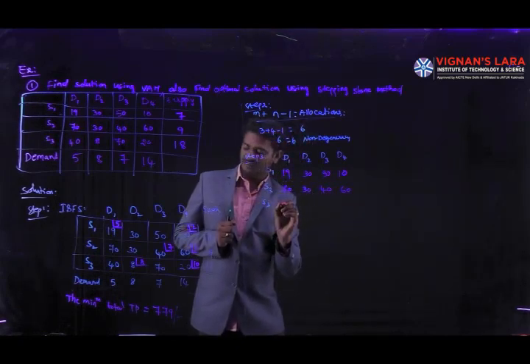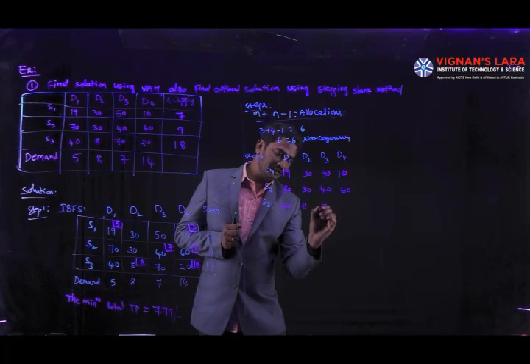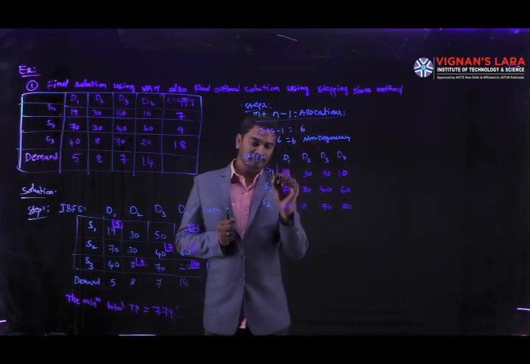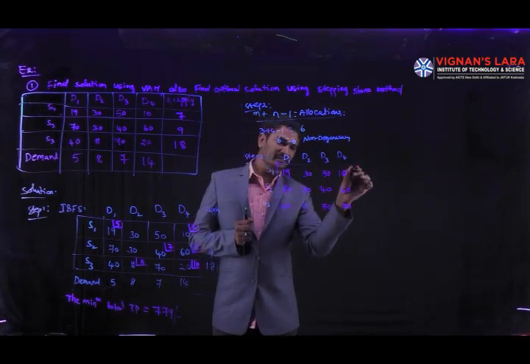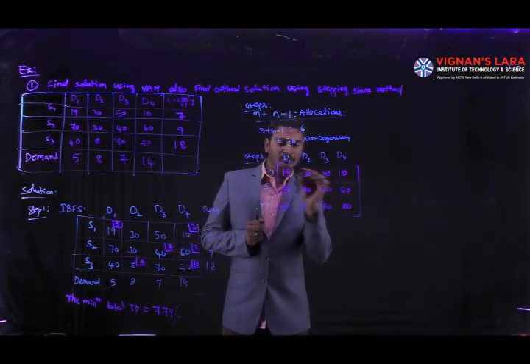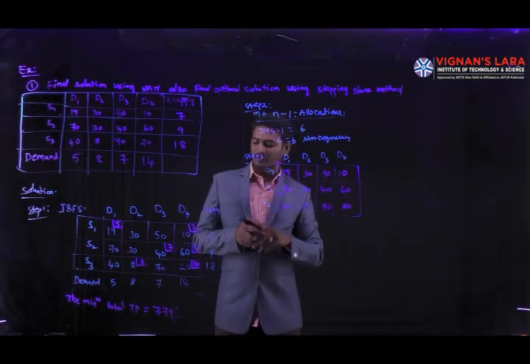From the initial basic feasible solution, we obtained the allocated cells and unallocated cells. From that we take the unallocated cells, then we draw the loop. This is our table, obtained from the IBFS from step 1. Here we have the allocations.